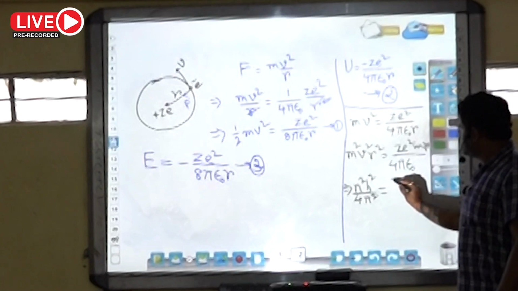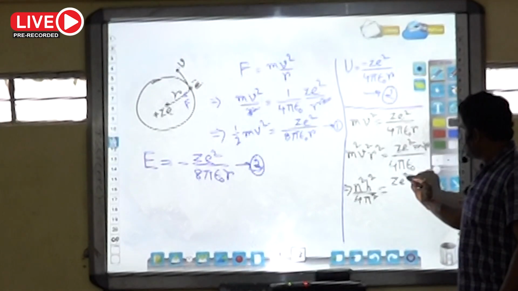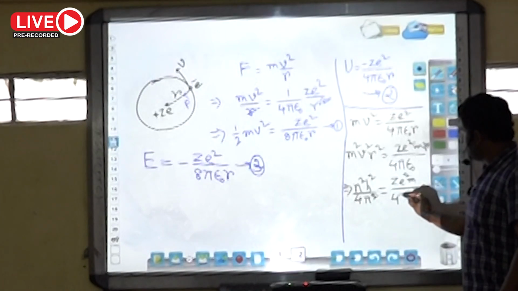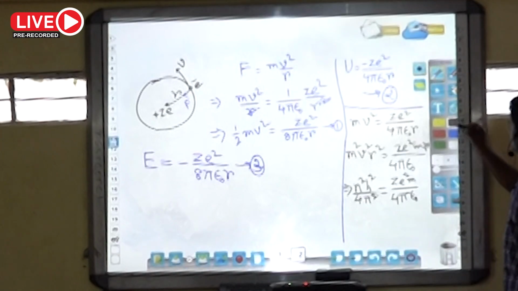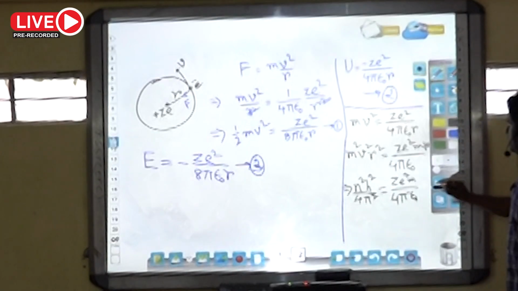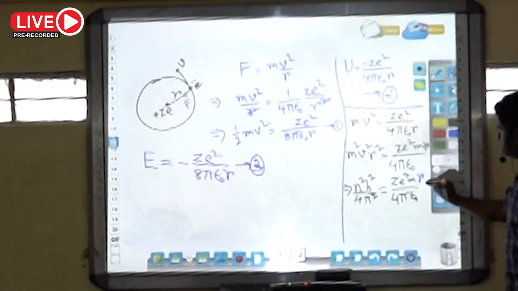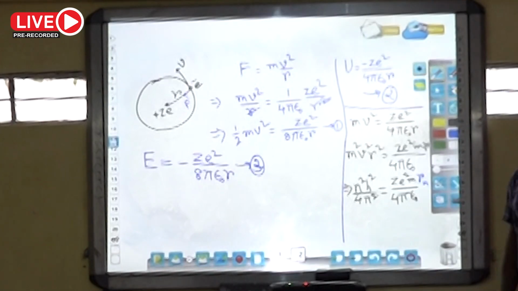That is equal to Ze square m r by 4 pi epsilon naught. But now it should not be r only, suffix n.